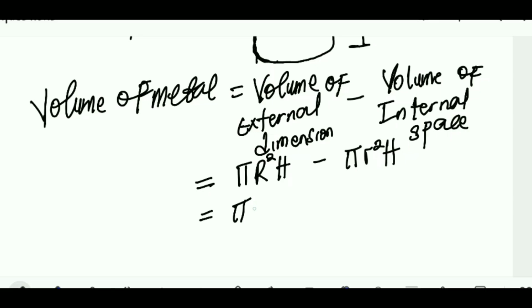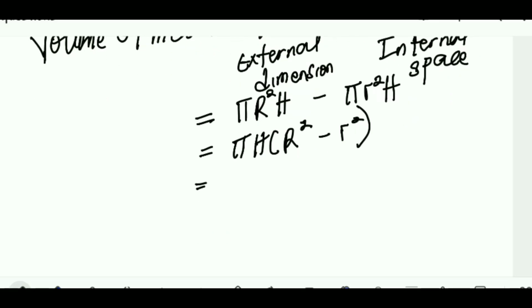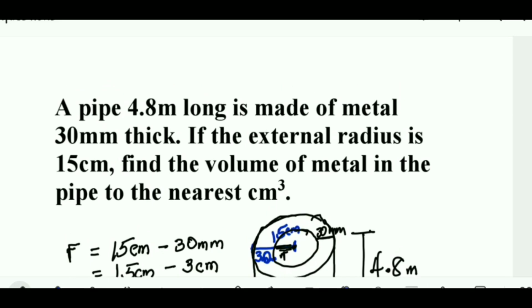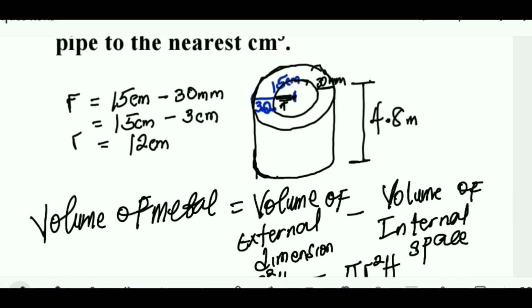So factorize this by h, which is common, into R squared minus small r squared. All right, so if I take my pi to be 3.142, though I don't think the question told me, or you take pi to be 22/7.